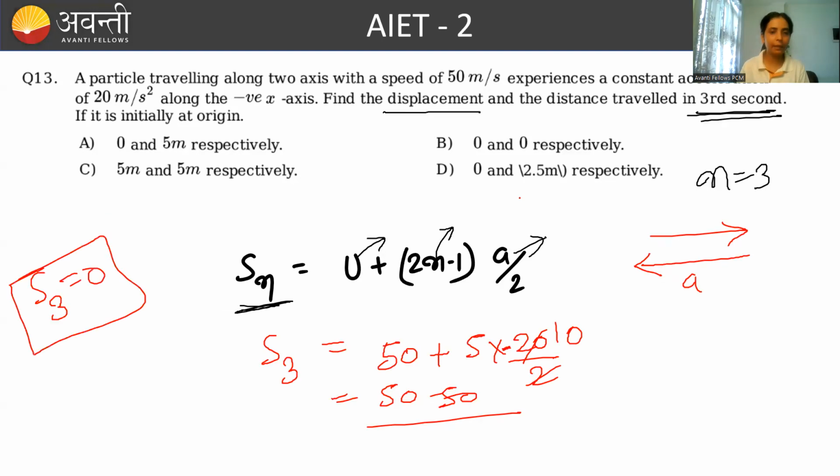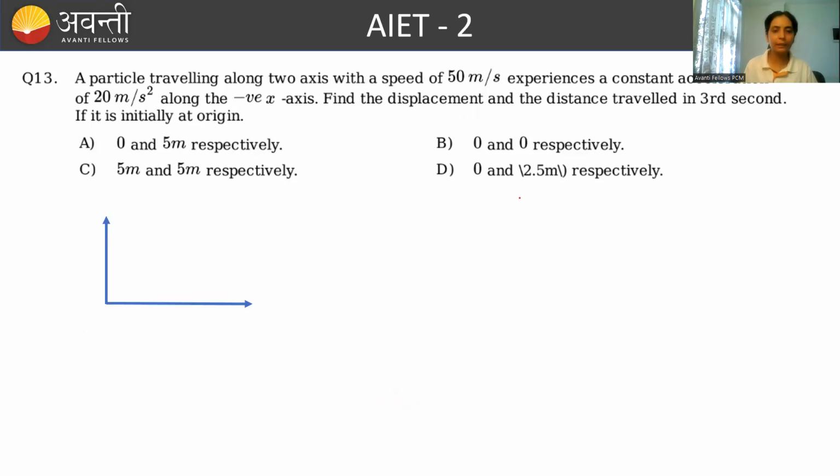अब आप ध्यान से अगर यहाँ पे देखो, displacement in third second is 0. It means कि अगर मैं यहाँ पे दिखाऊं, suppose कर लो at t equal to 2, body was here. So displacement in third second means displacement covered between t equal to 2 and t equal to 3. So what is happening between t equal to 2 and t equal to 3? Body is coming back to the same position.